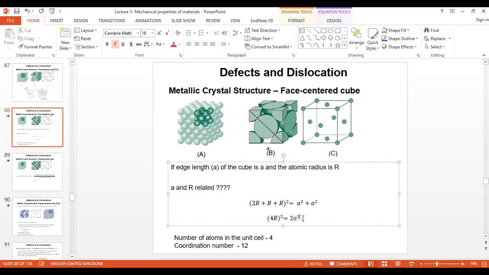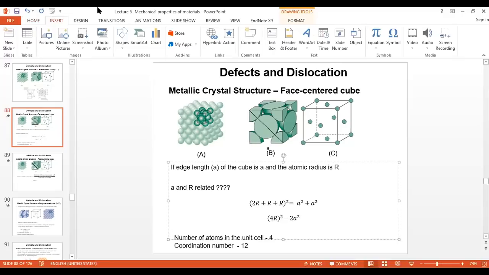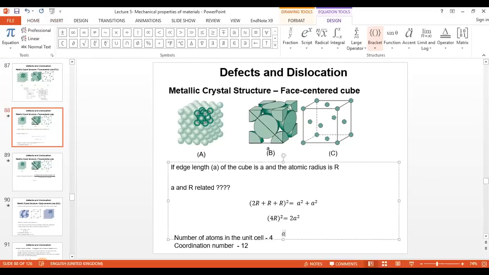So you can get the relationship by simplifying this one.